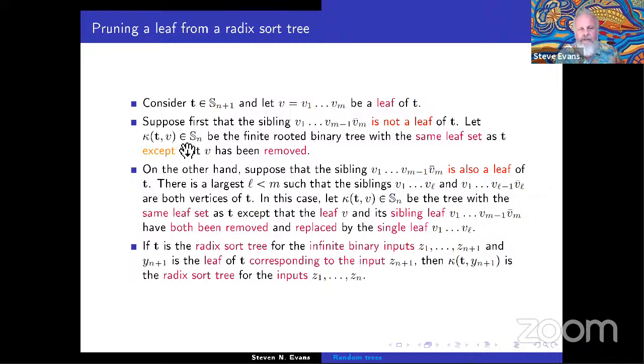Then the pruned tree will be just the rooted binary tree with the same leaf set as T, except that the leaf V is removed.